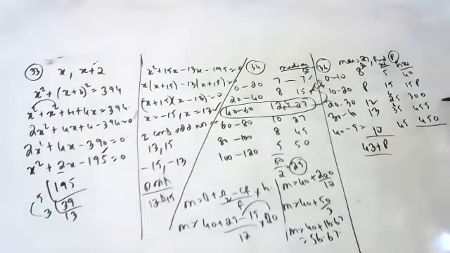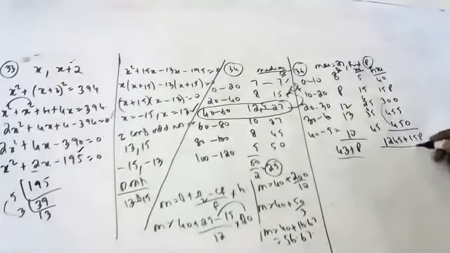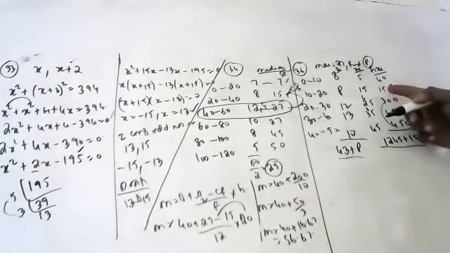And the sum of fi xi: 40, 340, 750, 1200, 1245 plus 15p, children. Am I correct, children? Can anyone try and see? 1245 plus 15p.